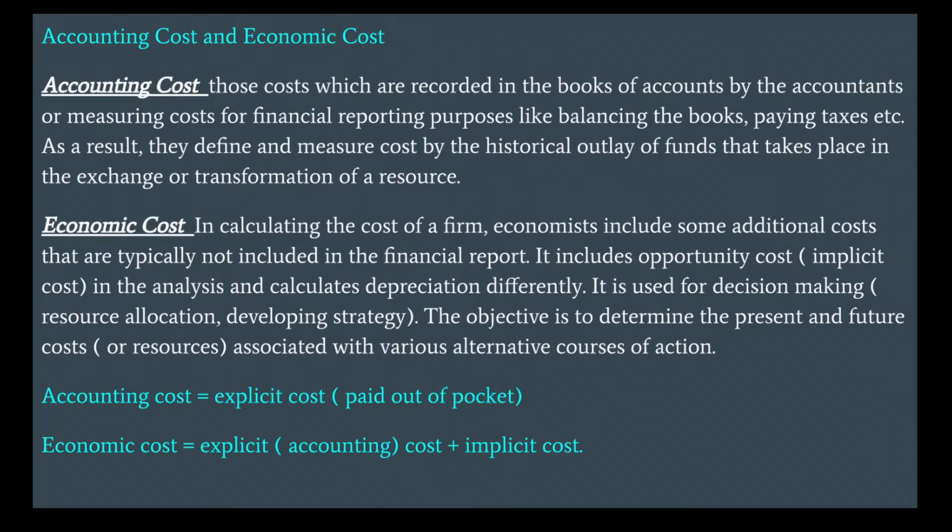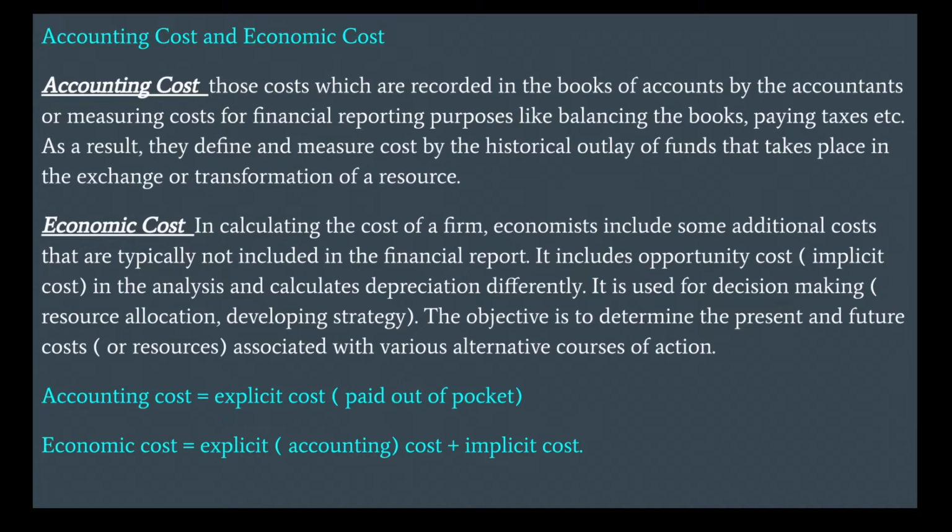Economic cost. In calculating the cost of a firm, economists include some additional costs that are typically not included in the financial report. It includes opportunity cost and implicit cost in the analysis, and calculates depreciation differently.